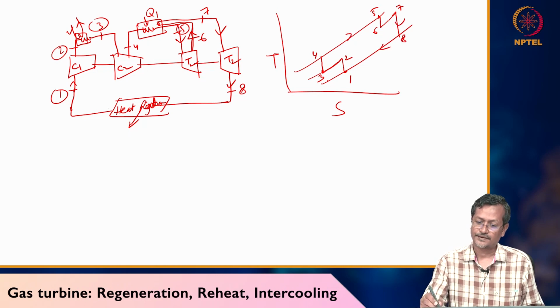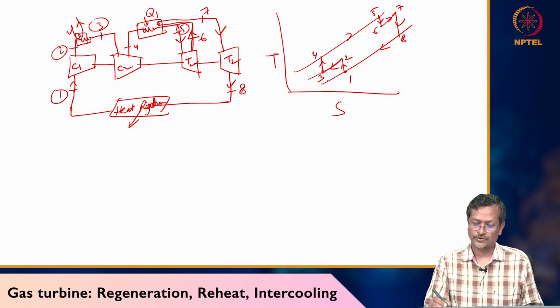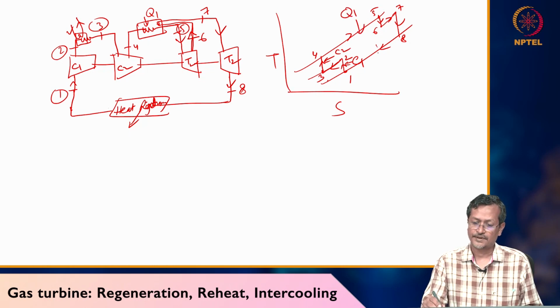Okay, not this one, this will be the opposite way, this one. Now you can see 1 to 2 compression happening, so this is the C1 process, 3 to 4 the C2 process, 4 to 5 the heat addition process, 8 to 1 the heat rejection process, 6 to 7 the reheat cycle, reheat.